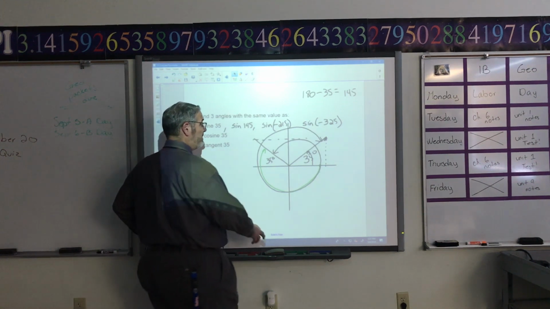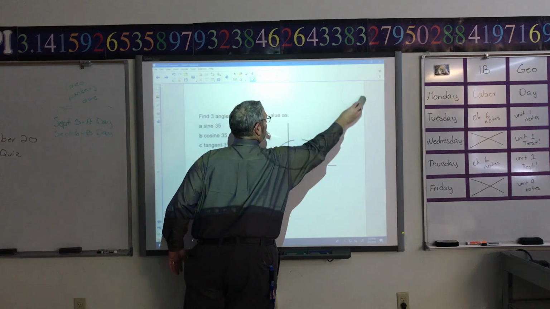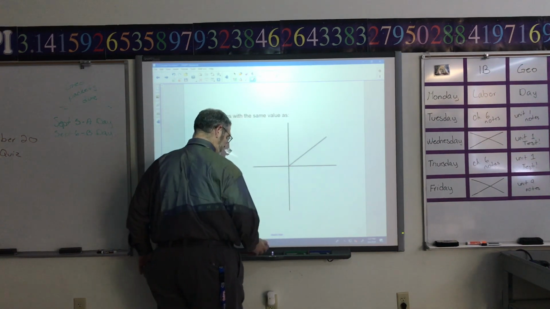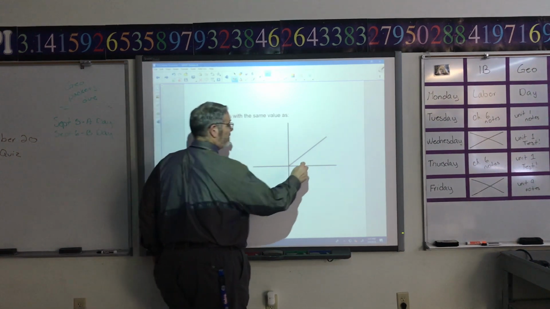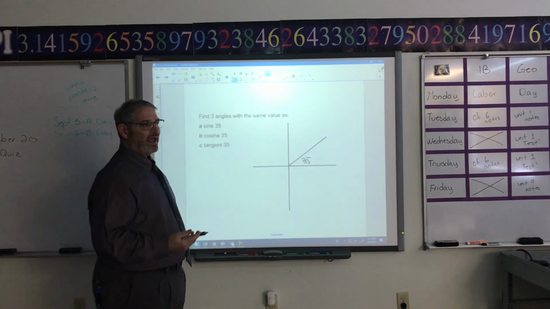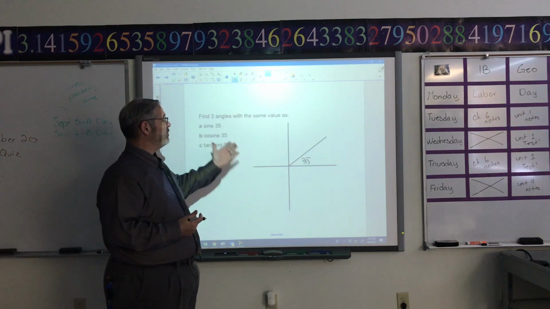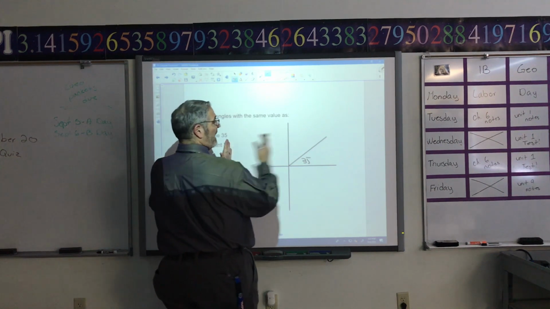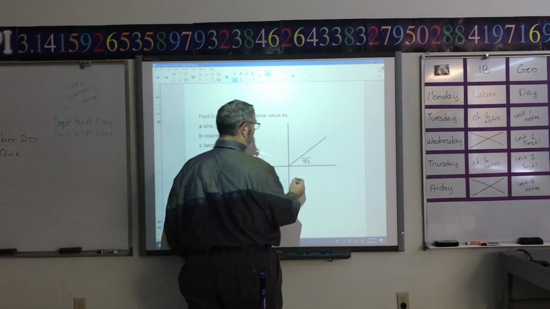All right, let's do the same thing for cosine. Let's say we start with a cosine of 35. This angle's 35. And I need to find three other angles with the same value as cosine of 35. Now remember, cosine deals with x. So my x values are going to be positive this way.